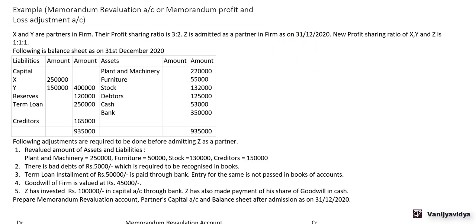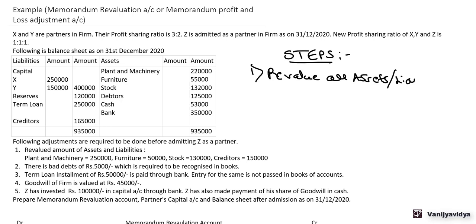Now, let us just revise what the steps are when we are admitting a new partner in the partnership firm. First step is to revalue all assets and liabilities.